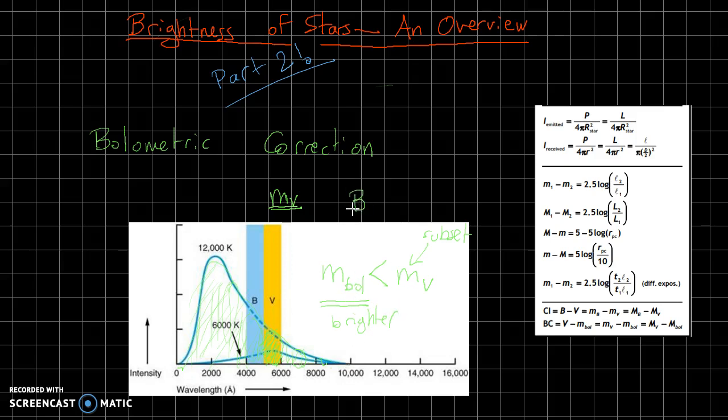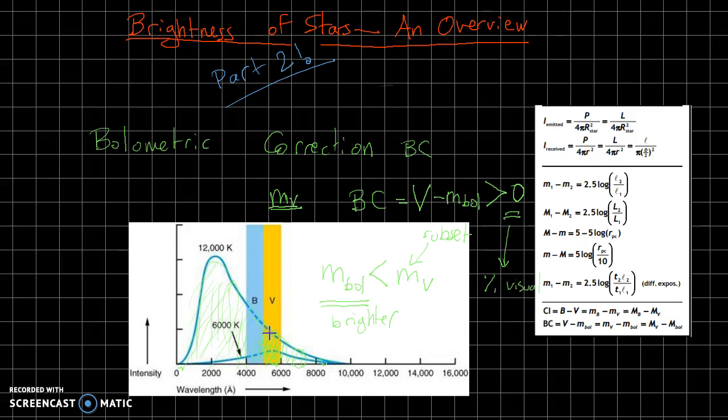So when we talk about the bolometric correction, BC, and we define it as the difference between the visual magnitude and the bolometric magnitude, this is always going to be a positive number. And what does that number mean? It is, in a way, telling us the percentage of light that is visual.